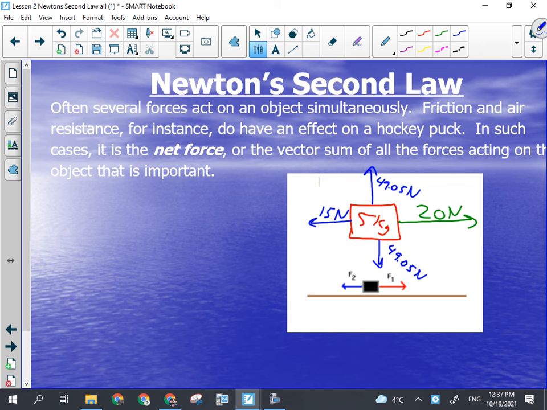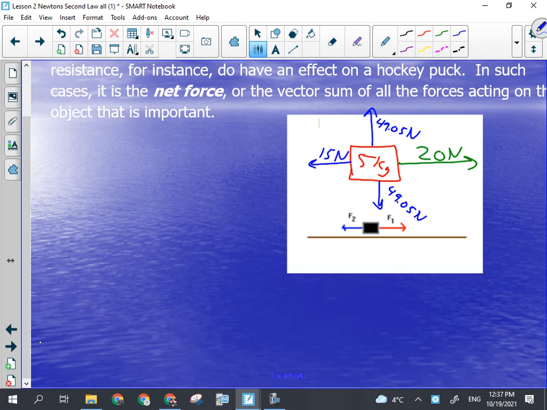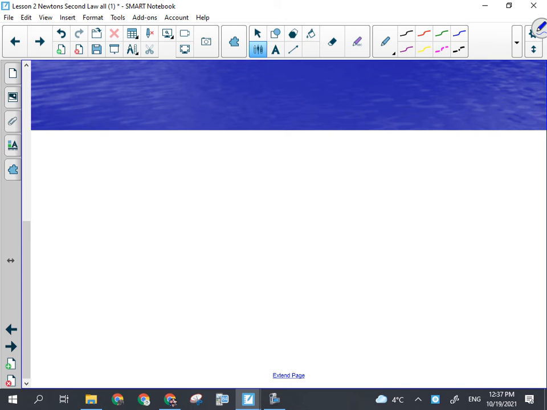Now from a vector perspective, if I drew a vector diagram of this, it would look like this. So here's where I start. I would have 49.05, and then I put the next force on the head of that one, because that's how you do a vector diagram. 49.05. Well, look what happened. Those two cancel each other out.